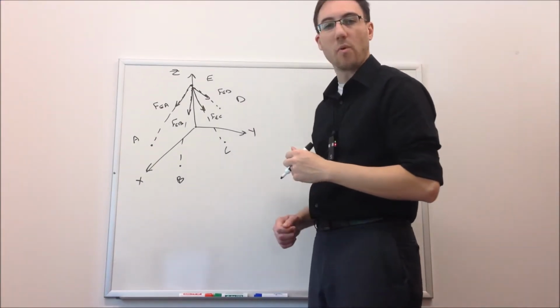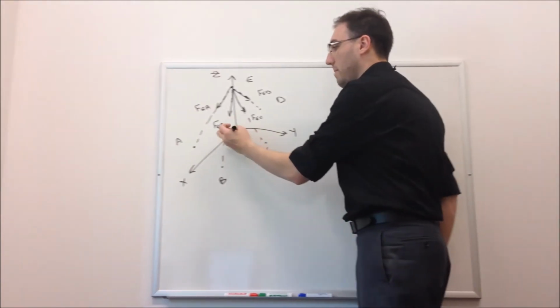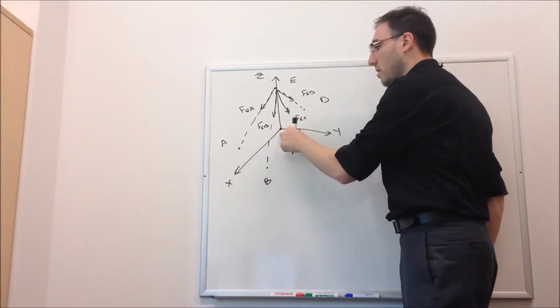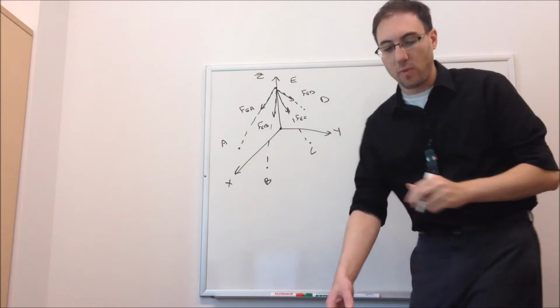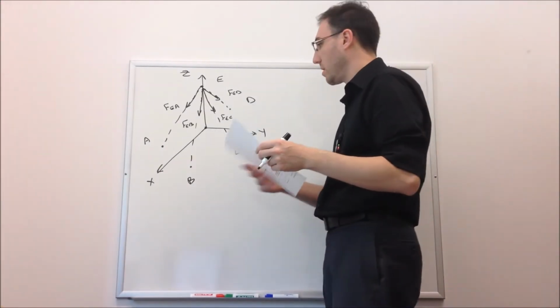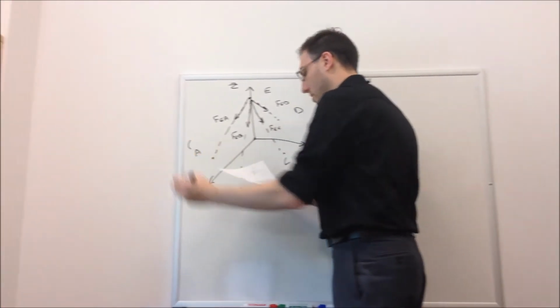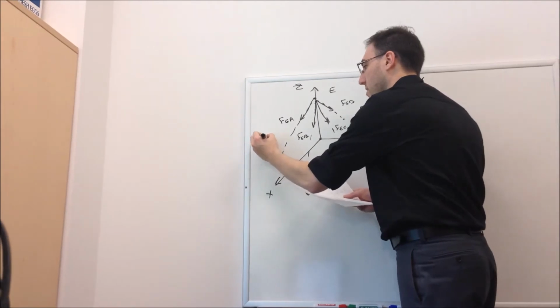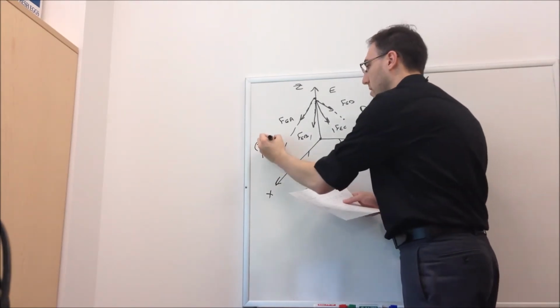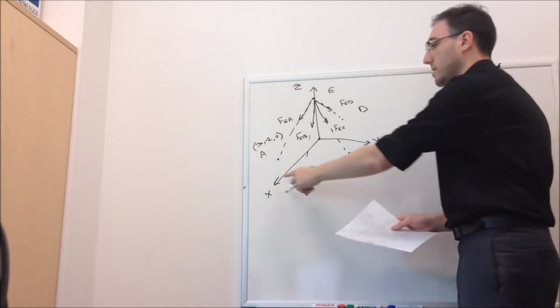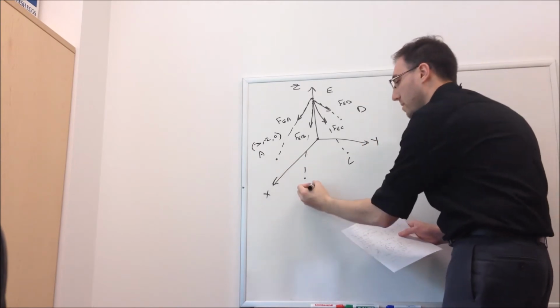So now I will put the coordinates of all these points up here. I'm measuring them all from this common origin here, and I'm putting their X, Y, and Z coordinates. So A is located at 3 in the X, negative 2 in the Y, 0 in the K, because it's in the XY plane.